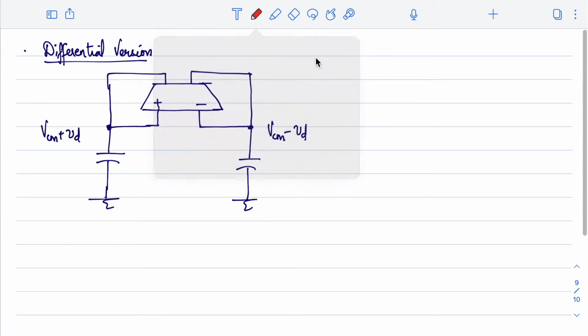If your VD is positive, if this voltage is going up, your GM VD should flow in this direction. At the same time, even here, current should be pushed to this node and it should be taken away from the other node, right? So if your VD goes high, the current will be taken to this node.